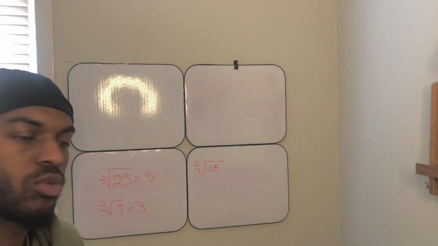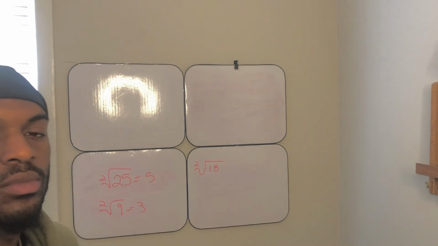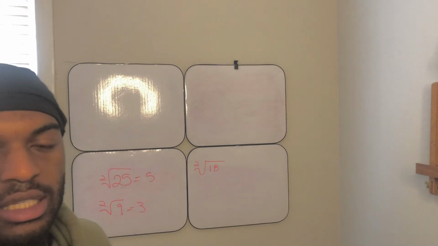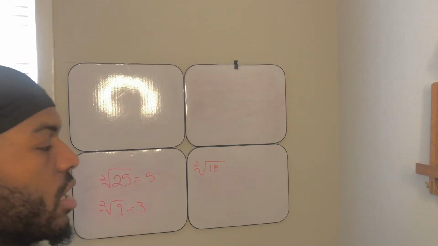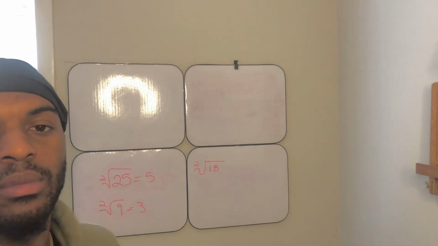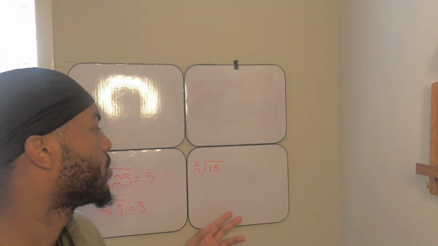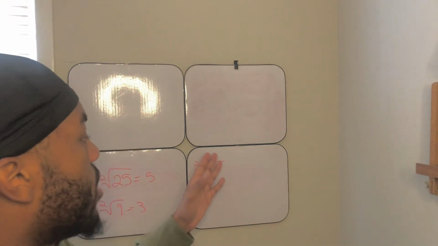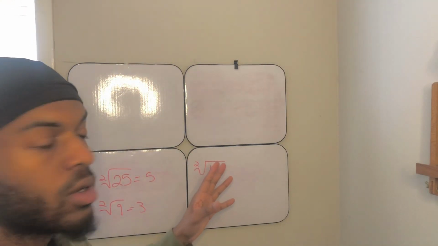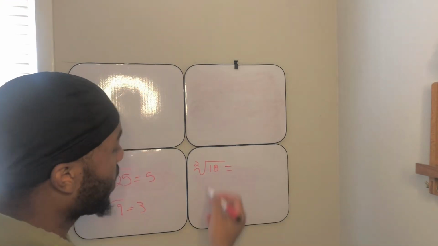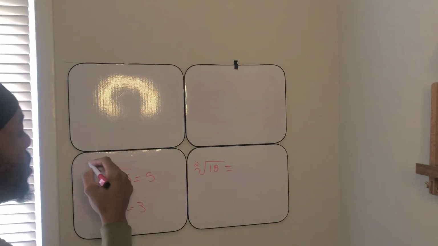What's the square root of 18? When you have numbers like 18 and 19, and 40 and stuff like that, these are what we call non-perfect squares. I'm going to go through this in the video, but basically when we find the square root of 18, it's not going to be a whole number.